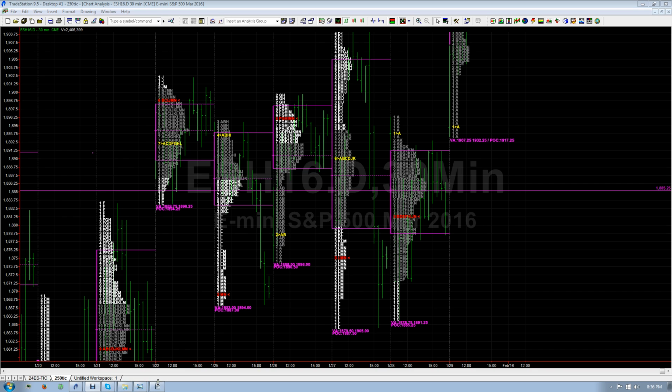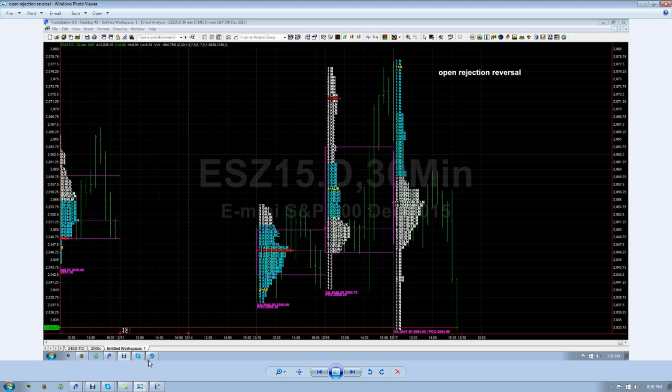And then here's a nice example of an open rejection reversal. Now here's the prior day, and the market opens up about 13, 14, 15 points above value, and it just gets rejected and sells off for the rest of the day.